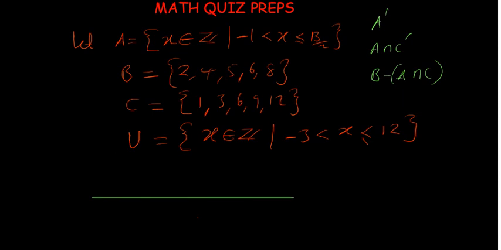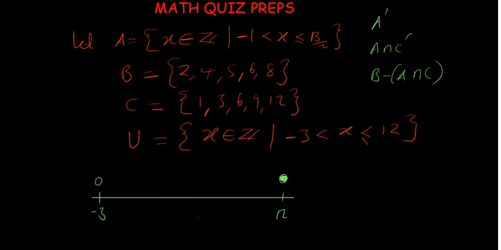Alright. So the first thing is we put our universal set there. Our universal set is from -3 up to 12. For security purposes, put an open bracket there and a close bracket there so that you don't forget, because for our universal set we are including 12, but not -3.